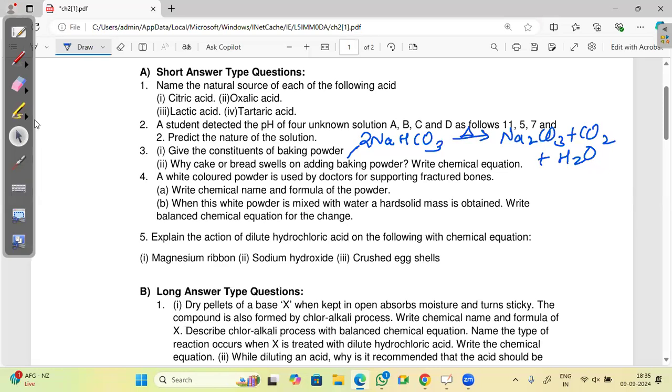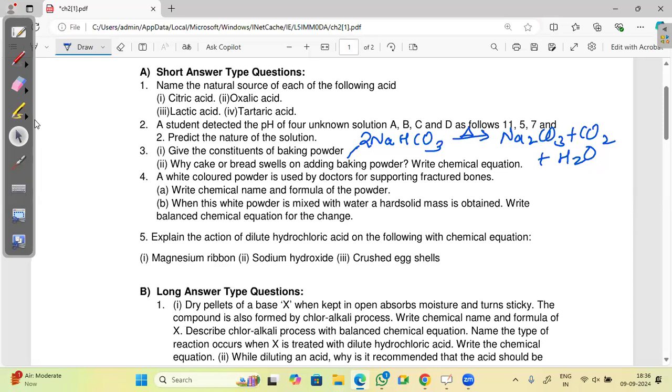So you have to write both things, chemical name and chemical formula. When you say plaster of Paris, it's not the chemical name, it's the common name. So be careful while writing the answers. Its chemical name is calcium sulfate hemihydrate and chemical formula is CaSO4 dot half H2O.